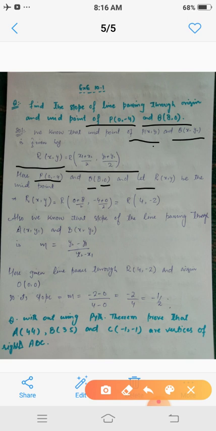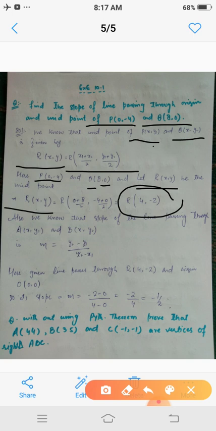Let R of x, y be the midpoint of PQ. By the section formula, R of x, y equals R of (0 plus 8) upon 2, (-4 plus 0) upon 2, which after solving is R of 4, -2. So the midpoint of PQ is R whose coordinates are 4 and -2.